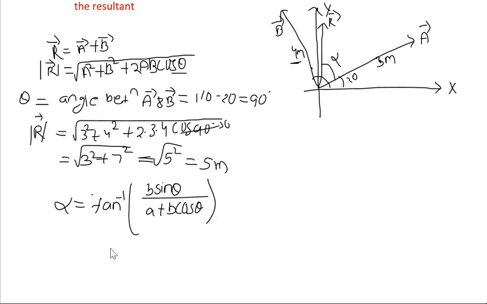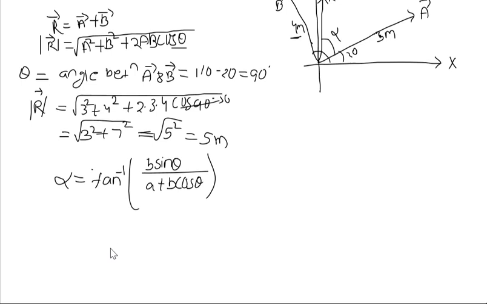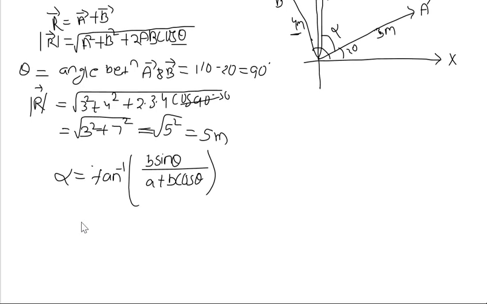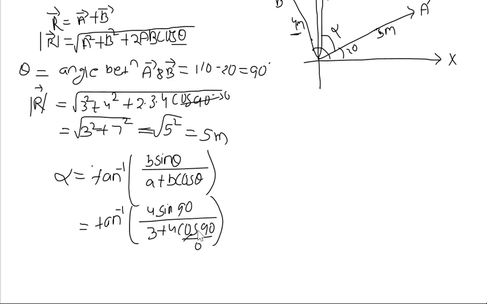So put all the values here: tan inverse of B is 4, sin 90 divided by 3 plus 4 cos 90. As we know, cos 90 is 0 and sin 90 is 1, so it becomes tan inverse 4 by 3.